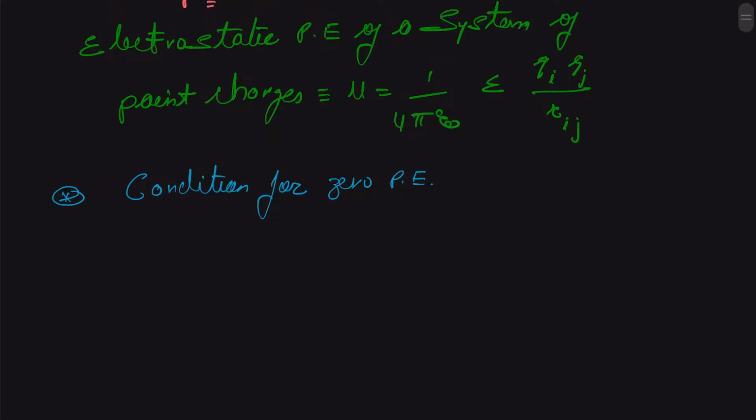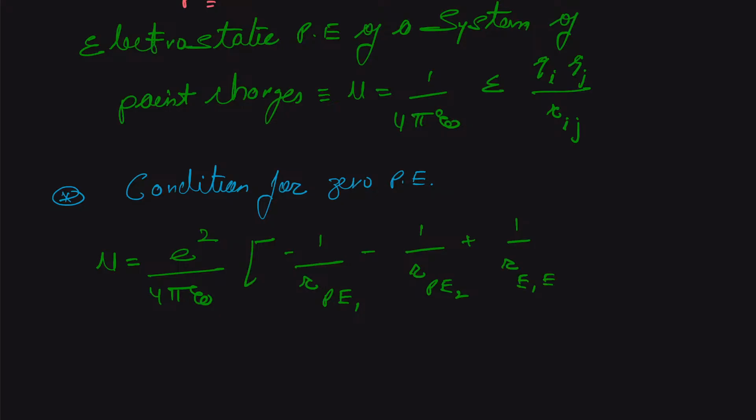So we can say that our total potential energy will be equal to e square divided by 4 pi epsilon naught, times minus 1 upon the distance between the proton and the first electron, minus 1 upon the distance between the proton and the second electron, plus 1 upon the distance between the first electron and the second electron. Okay, this is the general formula.